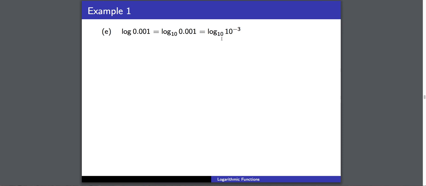So once again, when the base of our logarithm matches the base of our exponential expression, the answer is going to be whatever's in the power, which in this case, what do we have to raise 10 to get 10 to the negative 3? We have to raise 10 to the negative 3 power. So log of 0.001 is negative 3. And again, if you typed in log 0.001 in your calculator, it should give you back negative 3.